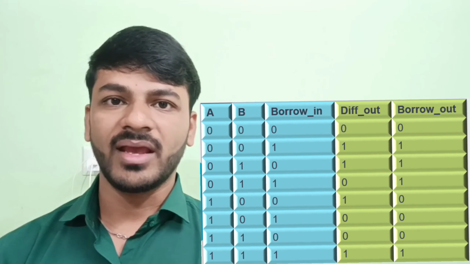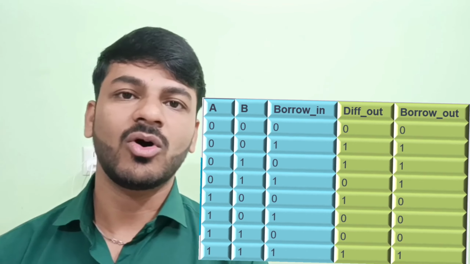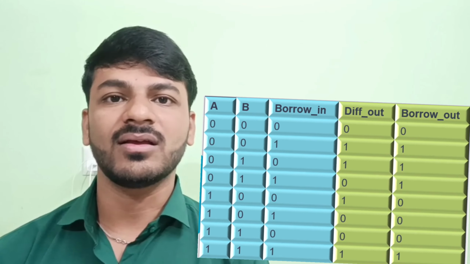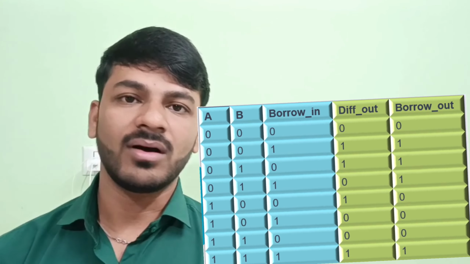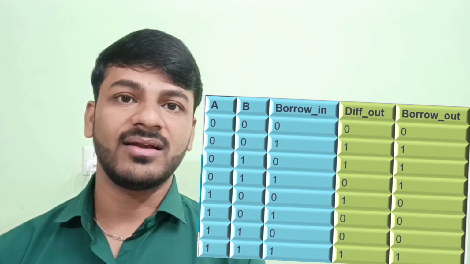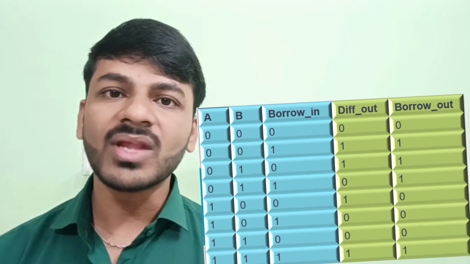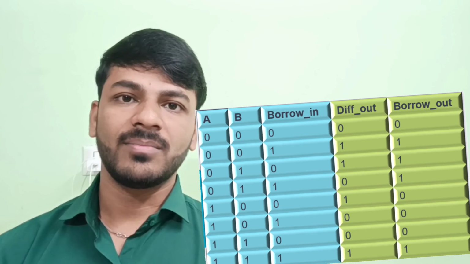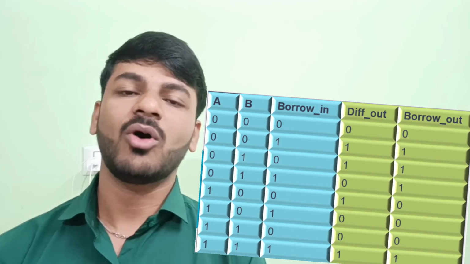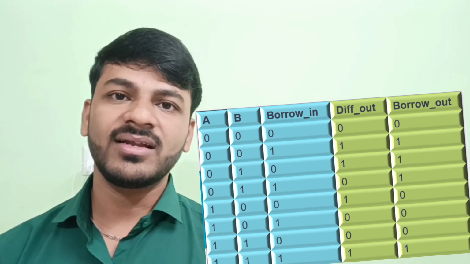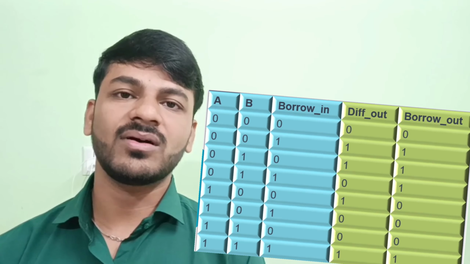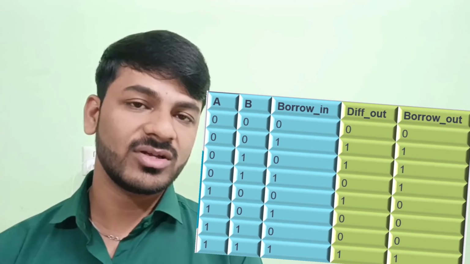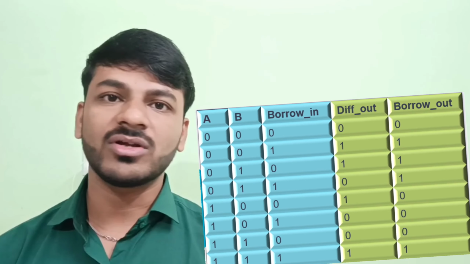Now if A is 0, B is high and borrow in is 0, again the same condition, 0 minus 1, so difference out is high and borrow out is high. Now if A is 0, B is high and borrow in is high, then 0 minus 1 minus 1 is equal to minus 2, equivalent to difference out 0 with borrow out high.